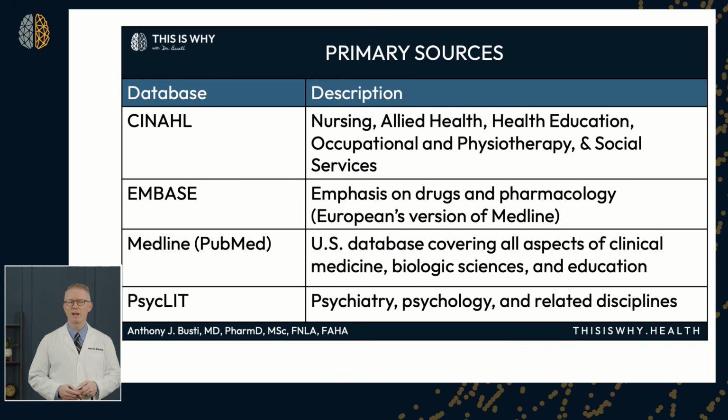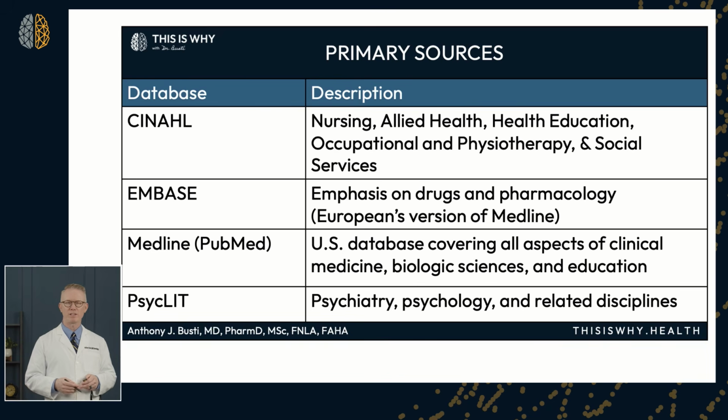So the first one in that list of resources in the literature is primary literature resources. This is where the original data usually resides, right? The actual studies. These databases are housing that original study information, okay? And these are the four probably most common databases out there.